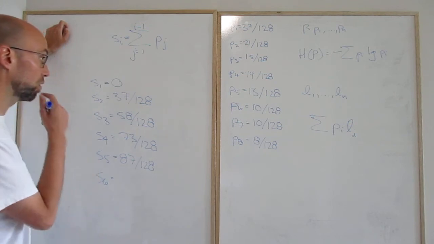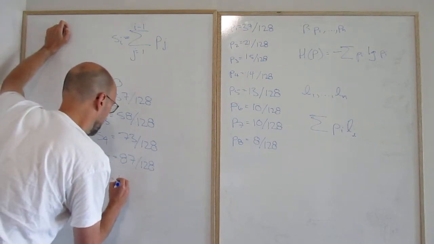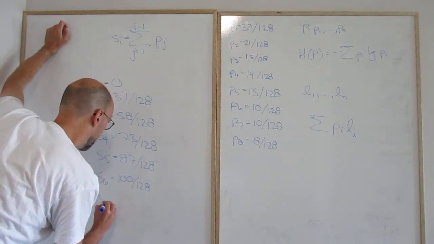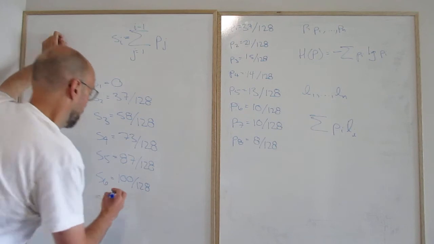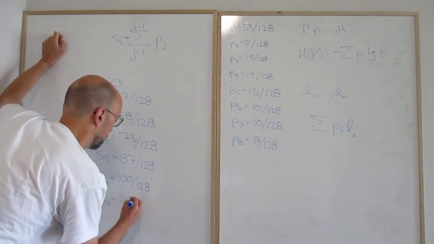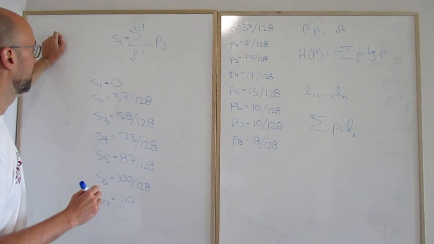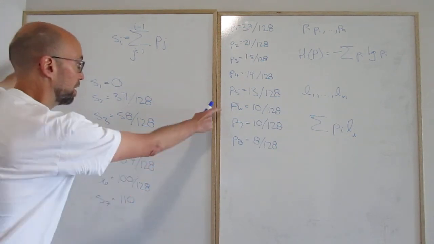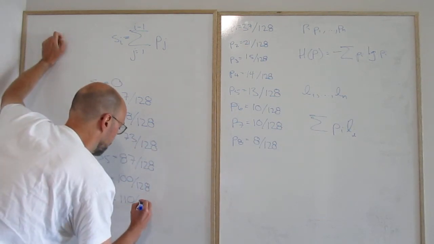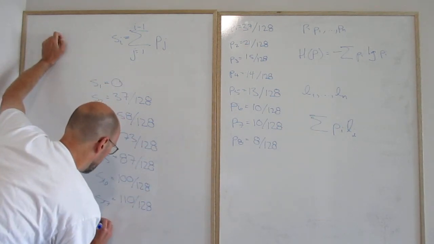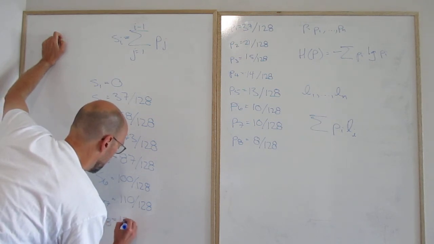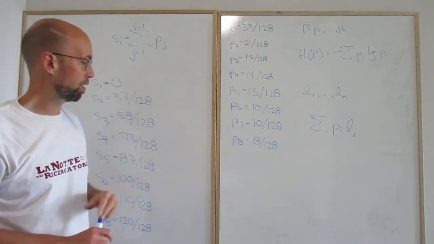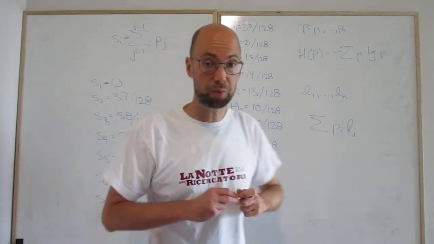S_6 equals 100 over 128. S_7 equals 110. Wait. Right, oh, I have two 10s. Good. S_7 is plus the first 10, over 128. And S_8 equals 120 over 128. So the last thing, if we added the 8, we would get 1.